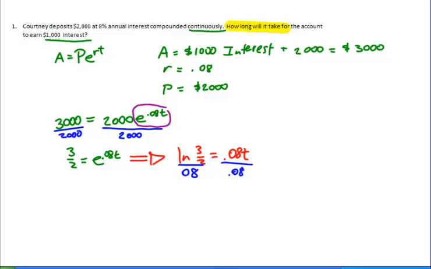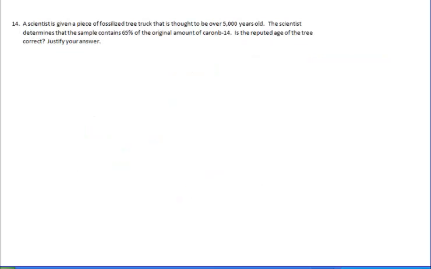And I got 5.068 years. And that is how long it's going to take our investment to go from $2,000 and earn $1,000 of interest, so that our total investment is $3,000.